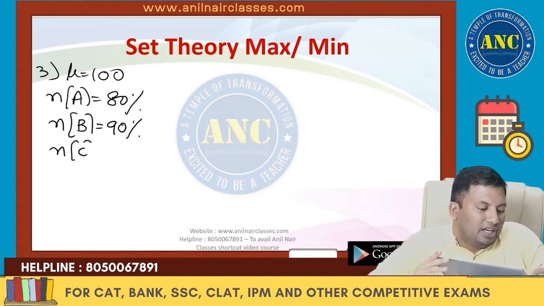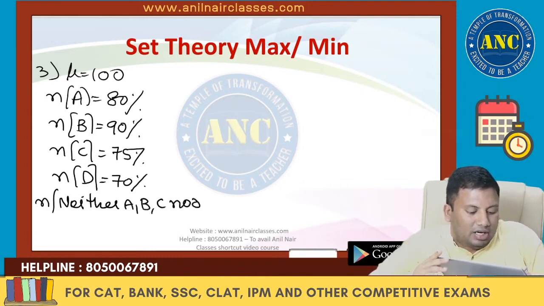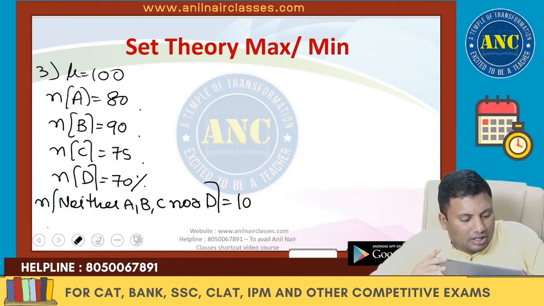N of C is 75%. N of D is 70%. N of neither A, B, C nor D is given as 10. Anyway, it is given as percent. All these values can be eliminated.